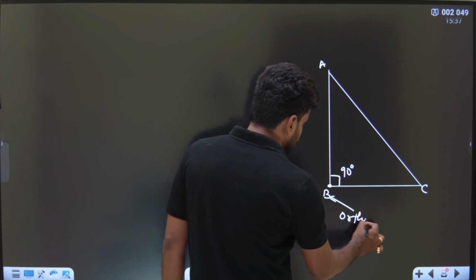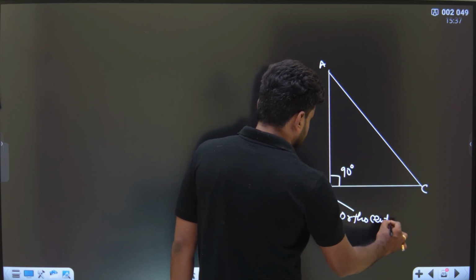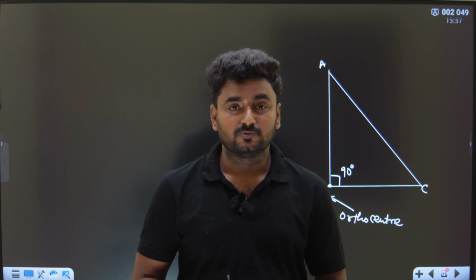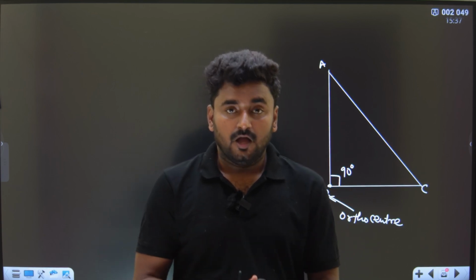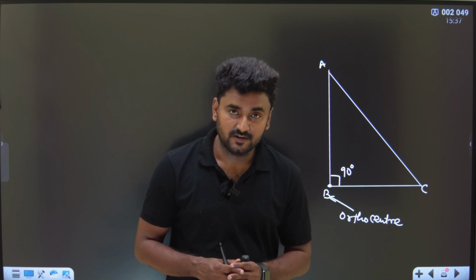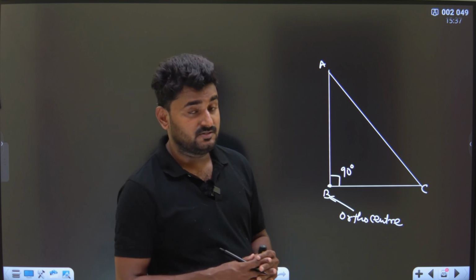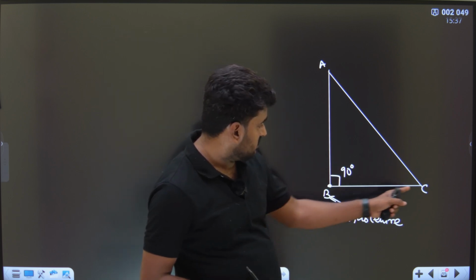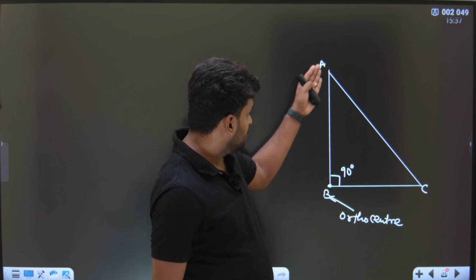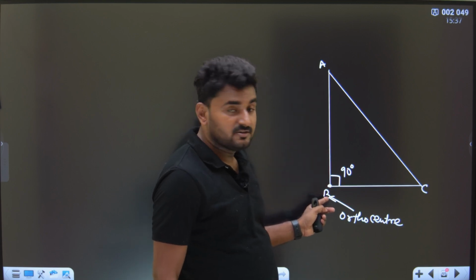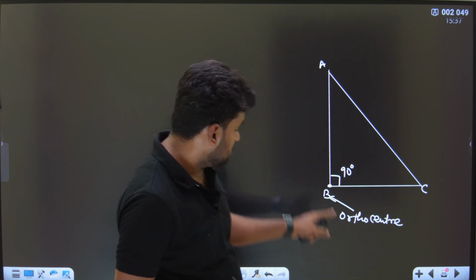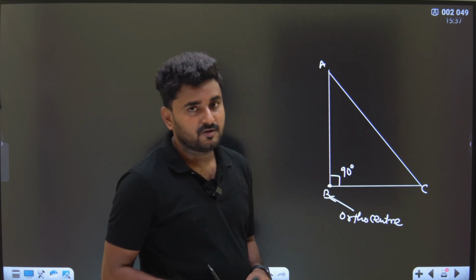Orthocenter. Now you will say, why sir? Because your definition of orthocenter is that when altitudes meet each other, the point of intersection of the altitudes is known as the orthocenter. You can see here the altitudes meet at B, so the point of intersection of the altitudes is B, so finally B will be the orthocenter.